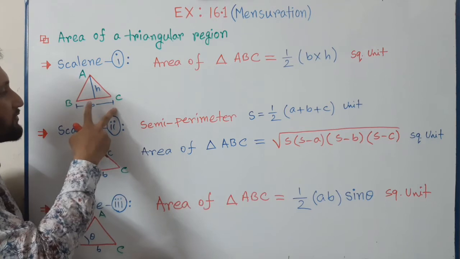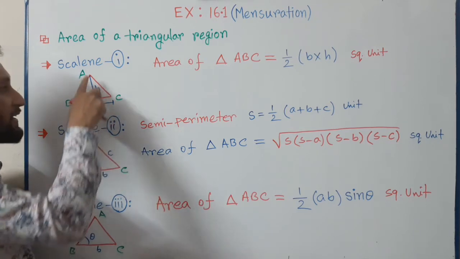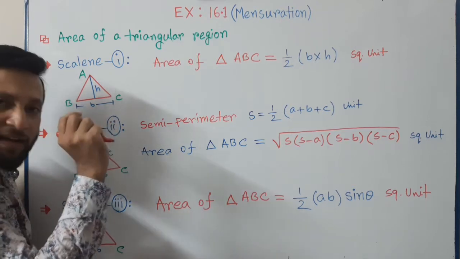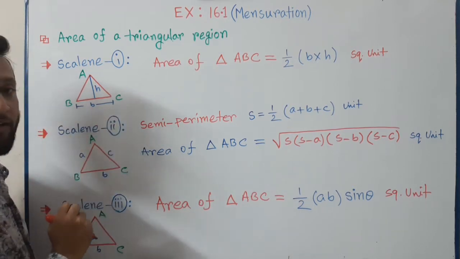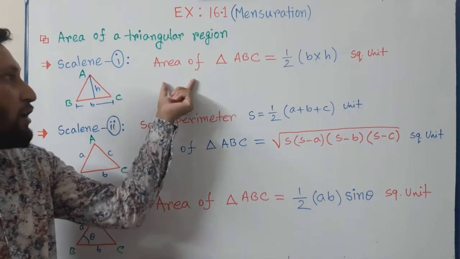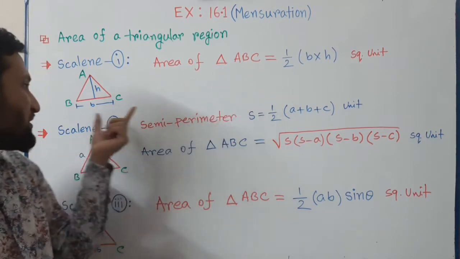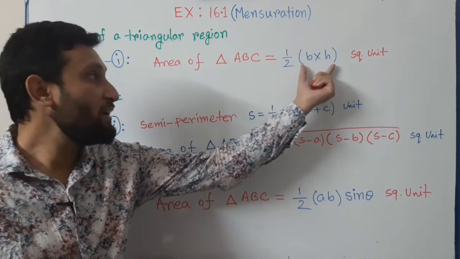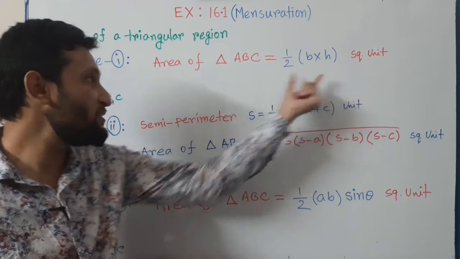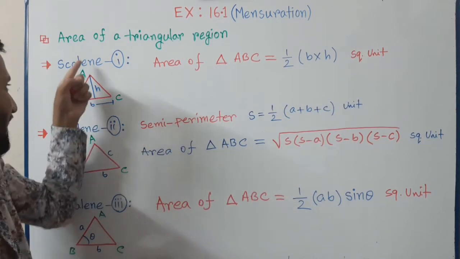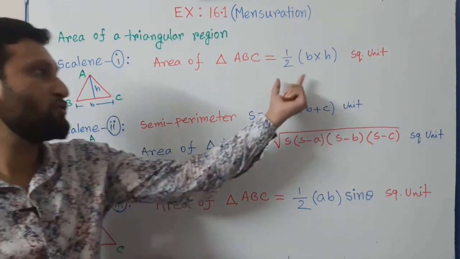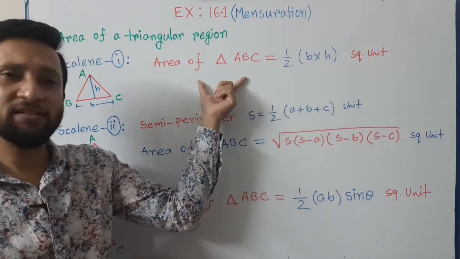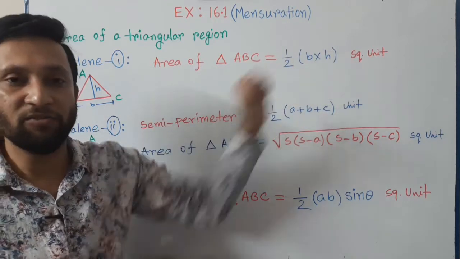If the base and height of this scalene triangle are given, then we can easily find the area of this scalene triangle, and the area of triangle ABC is equal to half of base into height. That means base B and height H, so half of base into height is equal to the area of this scalene triangle, in square units.